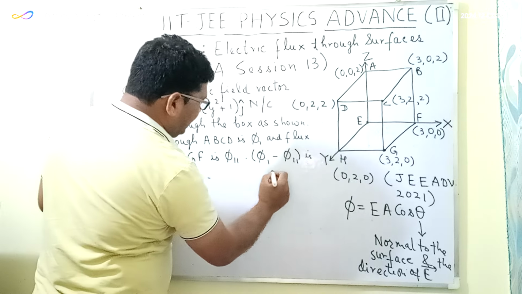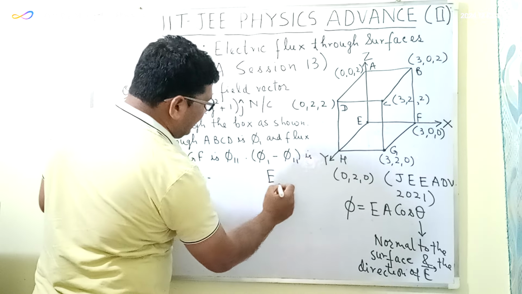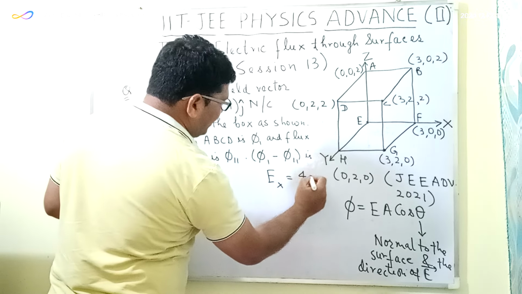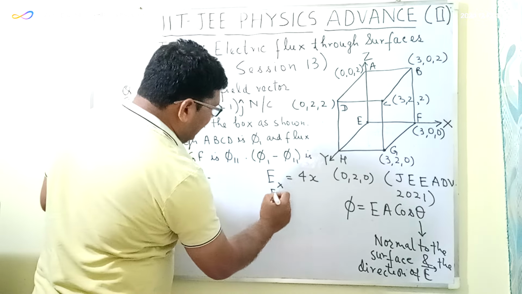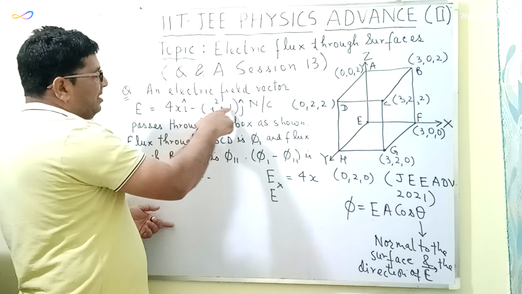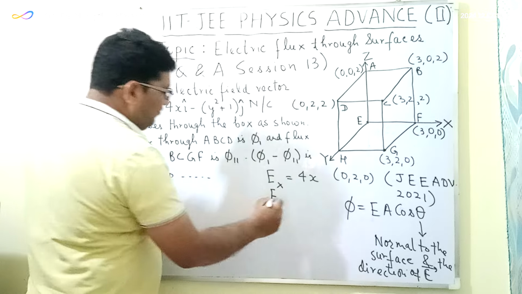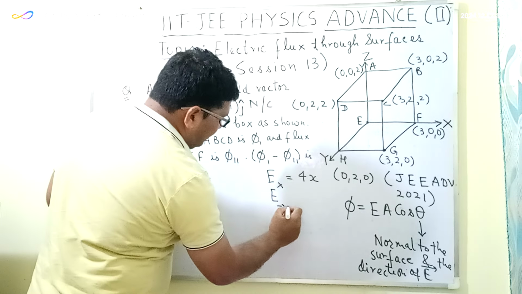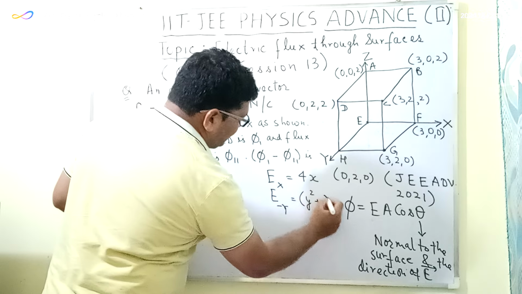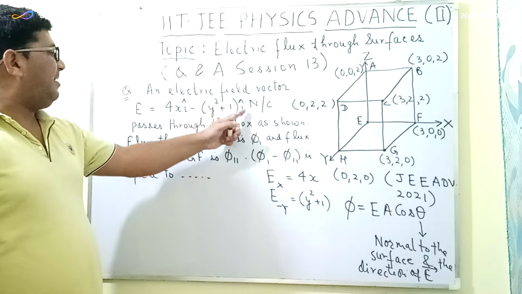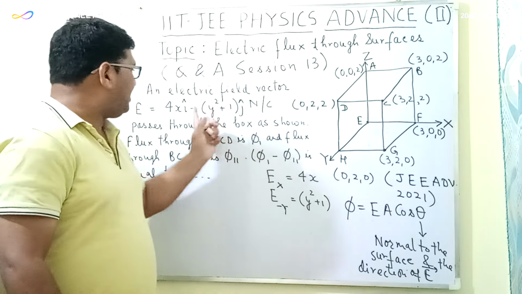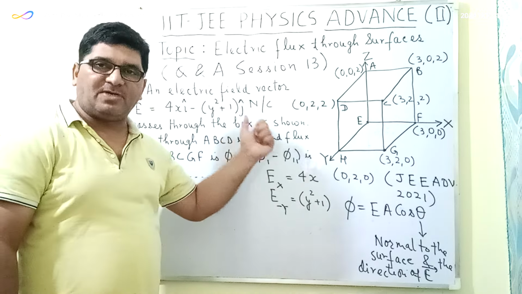That is the electric field intensity along the positive x-axis will be equal to 4x, whereas minus (y square plus 1) j cap means that the electric field intensity along the minus y-axis is equal to y square plus 1. Minus j cap is the unit vector along the minus y-axis.